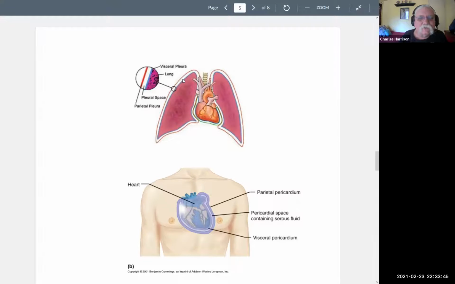The visceral pleura is, I think, blue here. And in between the visceral and parietal pleura is the pleural space. It's not much. Books and notes tend to have it shrunken, but your lungs pretty well fill your thoracic cavity.